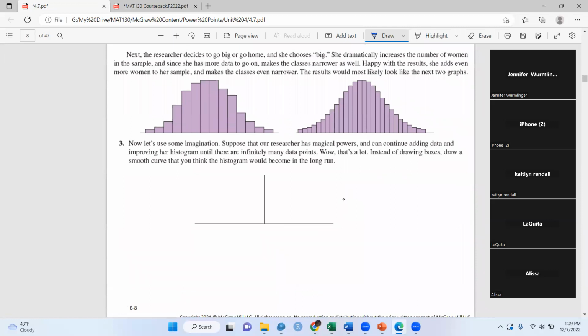Well, let's just do this one. It looks like this. What happens is the center ends up being the mean, and then half of the data falls above the mean, so 50% of it, and half of the data falls below the mean, the other 50%.